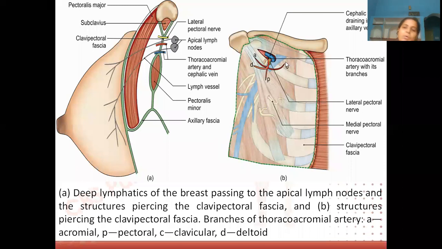If you remember, I told you the margins of the subclavian groove give attachment to clavipectoral fascia. So medially it is attached to the ribs, costochondral junctions. Inferiorly it is attached to the aponeurosis of the external oblique, and laterally it becomes continuous with the axillary fascia. Okay, so this is all clavipectoral fascia.